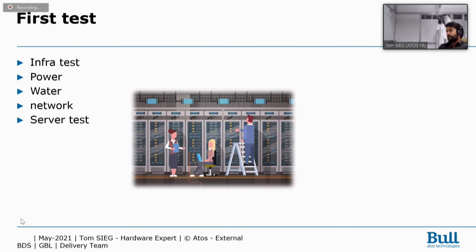Check if everything is fine if we push the system a little with a fire starter or some test like this to go to 100% use of your cluster, if the electricity is still okay, the cooling is still working well, if you didn't have any fire in the room or something like this, and test the software.